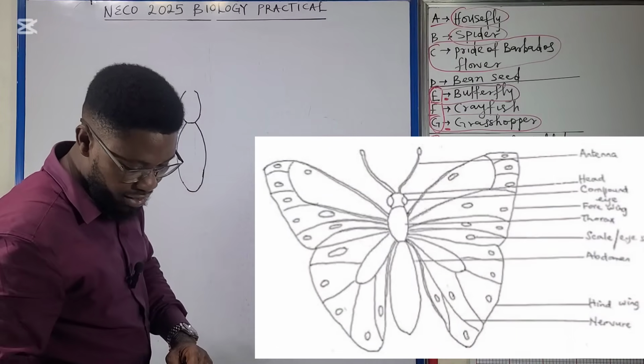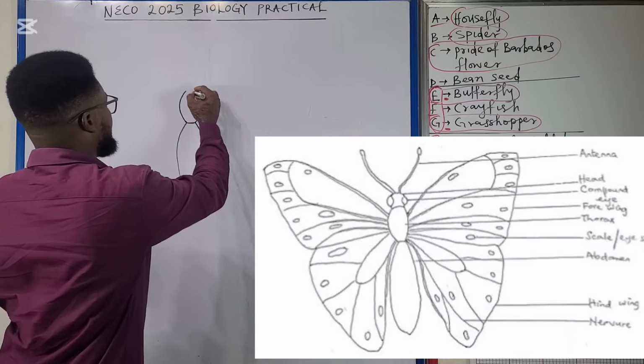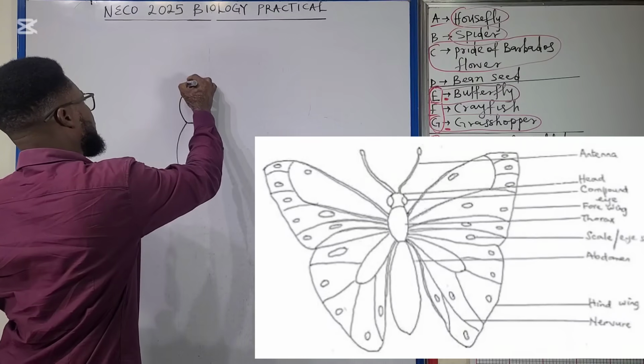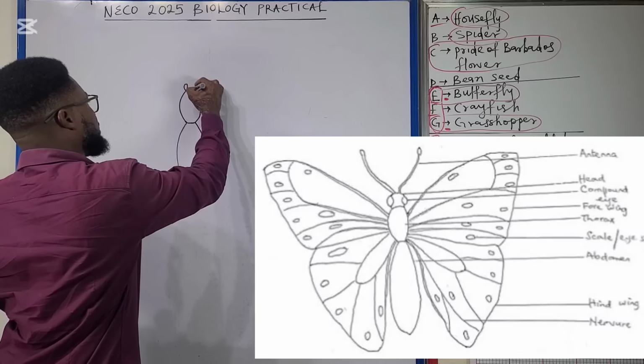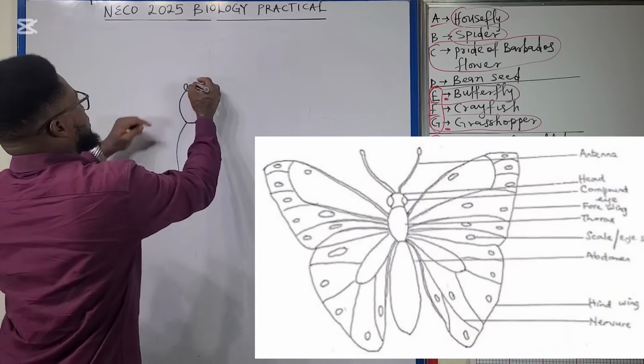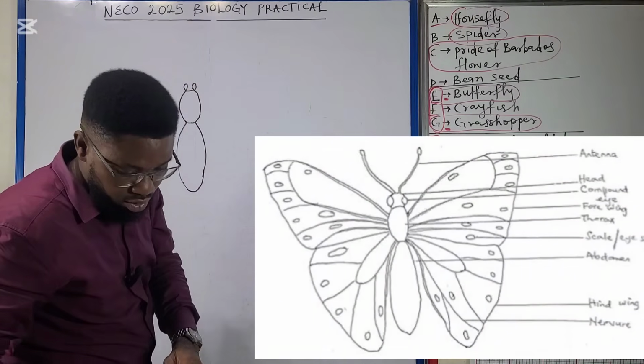Immediately after that, the other part is for us to close this, then we go out, like draw the, yes, this here looks the compound eye.